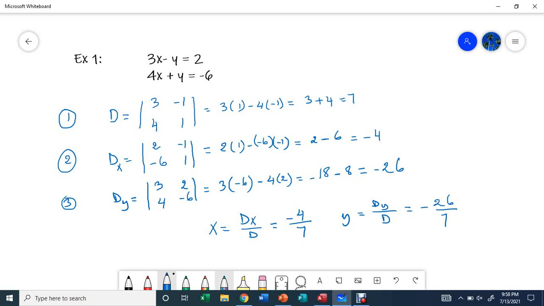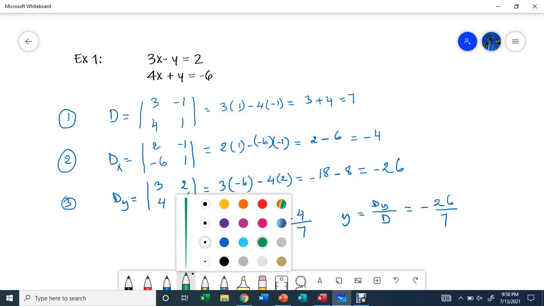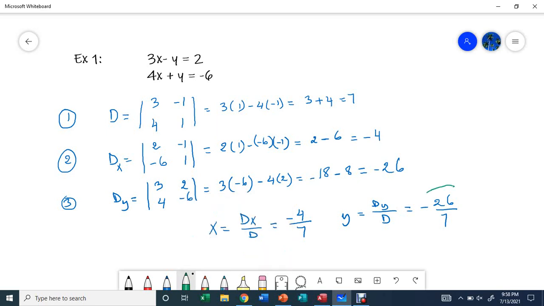So those are the solutions of our system of equations: negative 4/7 for x and negative 26/7 for y. So our solution in ordered pair is negative 4/7 and negative 26/7. So those are the solutions for this first example.